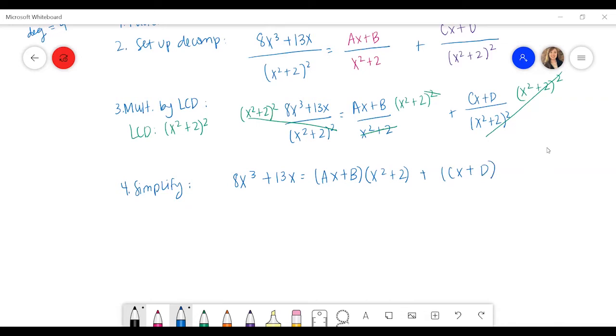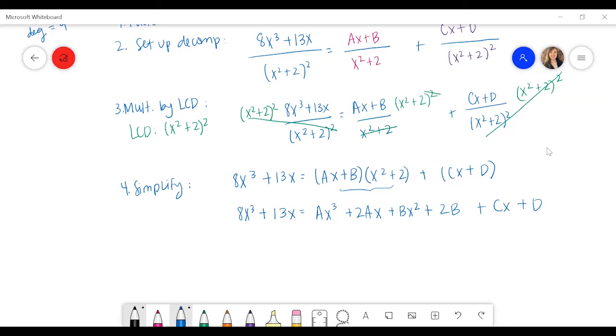I don't absolutely need parentheses around the last group, but you see what it does. Okay, so in this simplification process, one thing we need to do is simplify this product right here. So that is going to be ax cubed plus 2ax plus bx squared plus 2b. And then we have this cx and this d that follow.